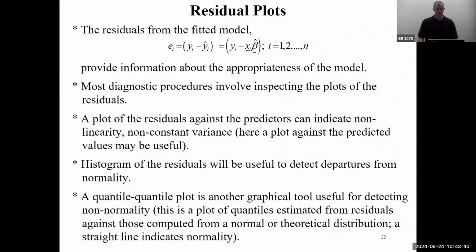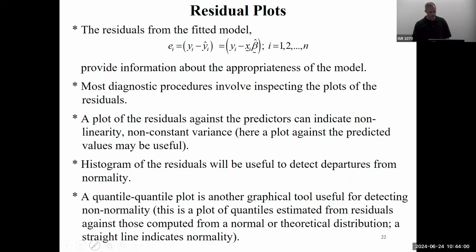So most of these diagnostic procedures involve inspecting plots of the realized residuals based on the fitted models, okay? So if you were to plot the residuals against the values of the predictors, that can indicate evidence of a nonlinear relationship that you missed in terms of fitting the overall data.